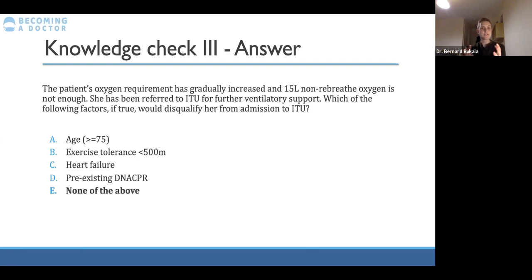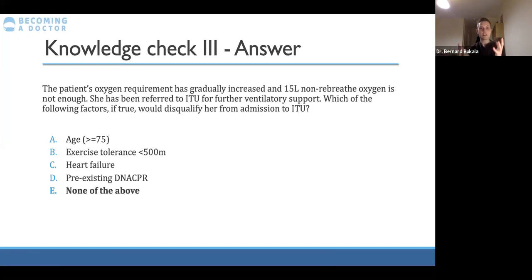And none of these things on their own would disqualify her from having treatment and from going to ITU. Now, some of you answered pre-existing DNA CPR. What that means when somebody has a DNA CPR is literally only that we wouldn't attempt cardiopulmonary resuscitation.